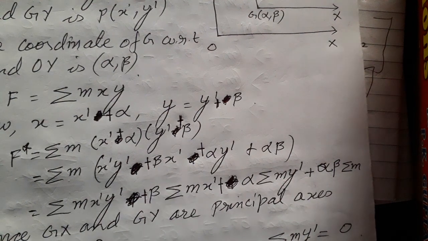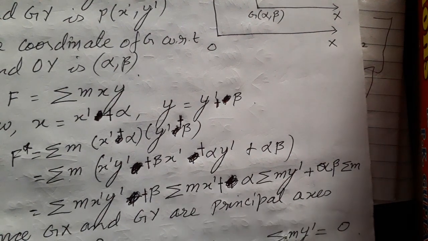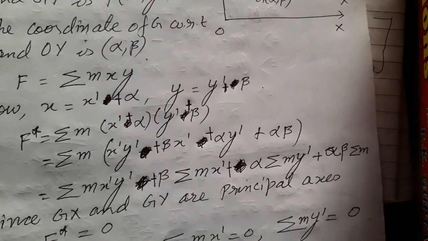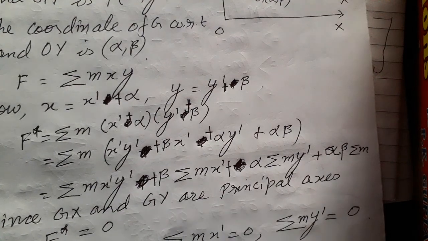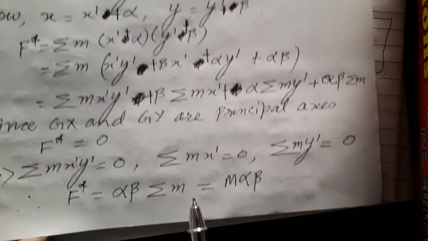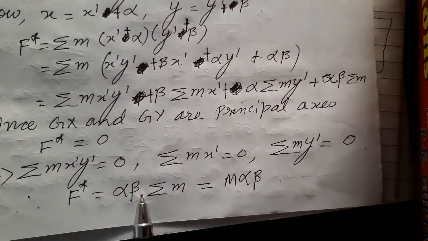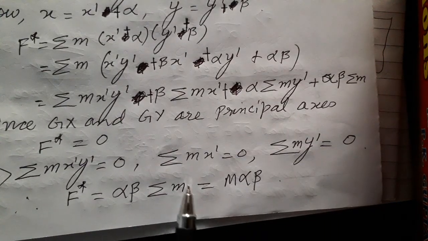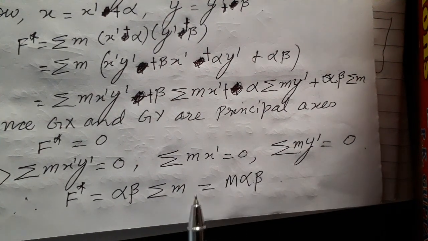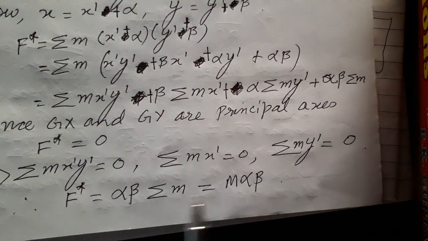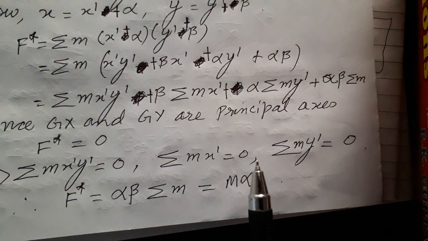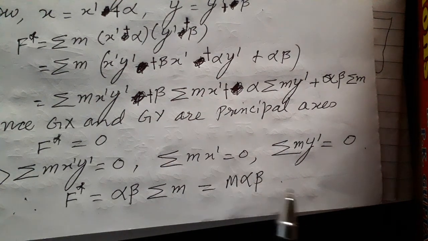So F star equals alpha beta summation m, and summation m is nothing but capital M. So we get M alpha beta. Thus the product of inertia about the Ox and Oy axes is M alpha beta.